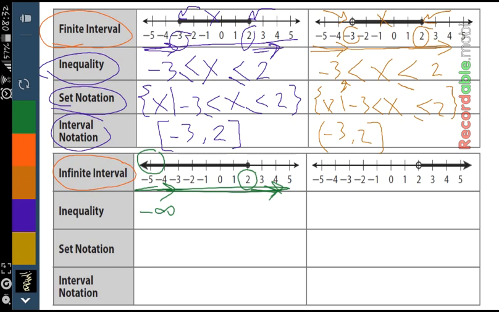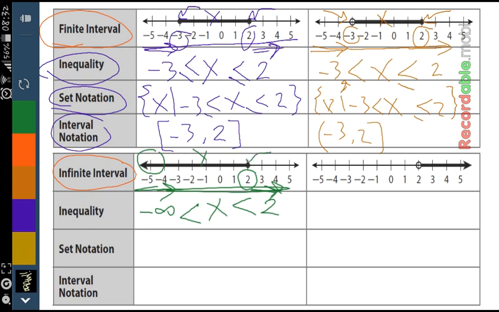So the ending point is 2, and x is located somewhere between them, such that x is always greater than negative infinity, because nothing is less than negative infinity and nothing is equal to negative infinity. At the same time, x is less than 2 because the bold line ends at the value of 2. It remains the question, does x equal 2?